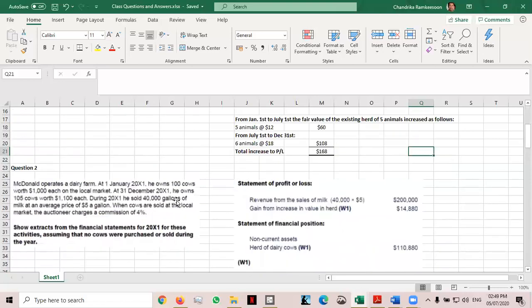In this example, the second one, no cows were acquired, and yet you've been asked to account for the increase from 100 to 105.